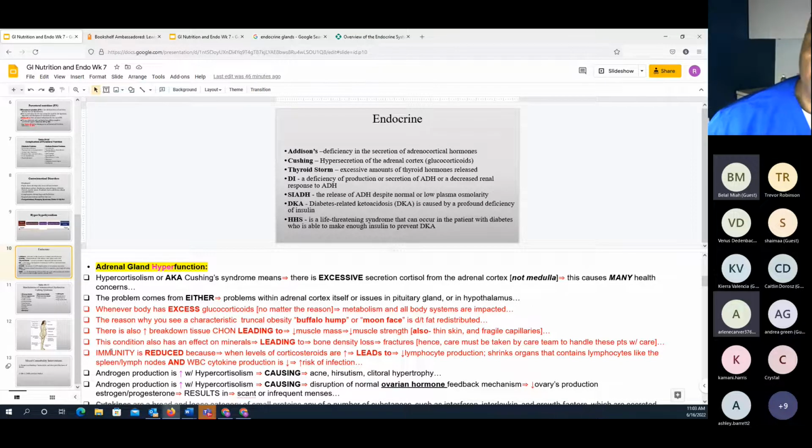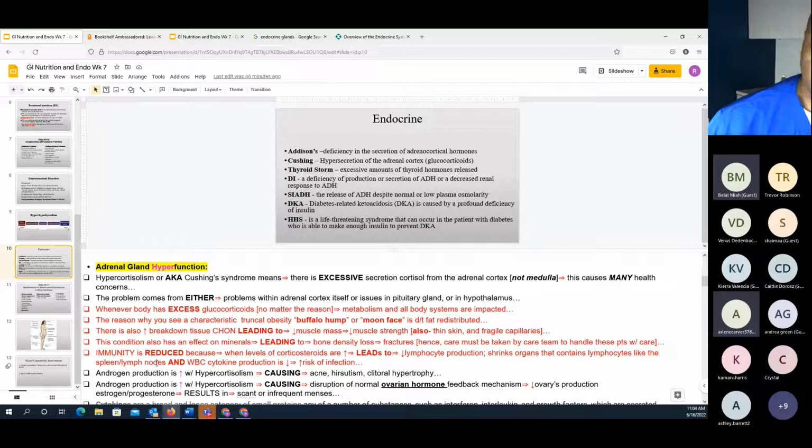All right. Now, check this one out about the immunity. Immunity is also going to be reduced when these corticosteroid levels are increased. Here's what happens. It leads to a decreased production of lymphocytes. We know lymphocytes help us to fight infection. It also shrinks organs that contain lymphocytes, such as our spleen and our lymph nodes.